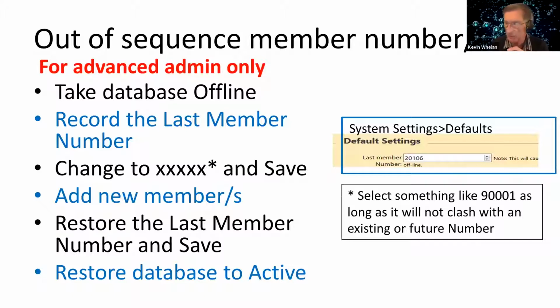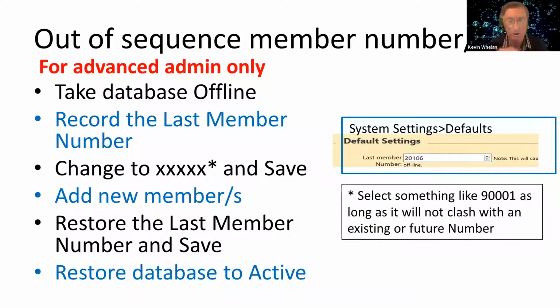In my case, on the right hand side here, it's 90001. You would put that 90001 into that field and save it. Then add your new members in the normal way. The next number is going to be 90002.